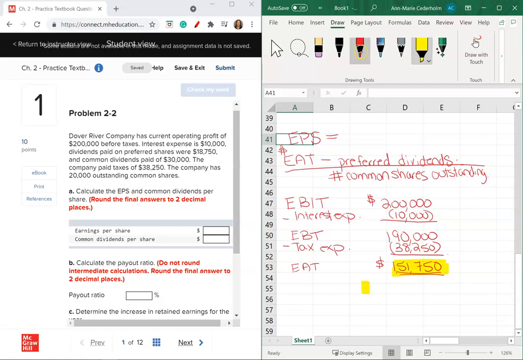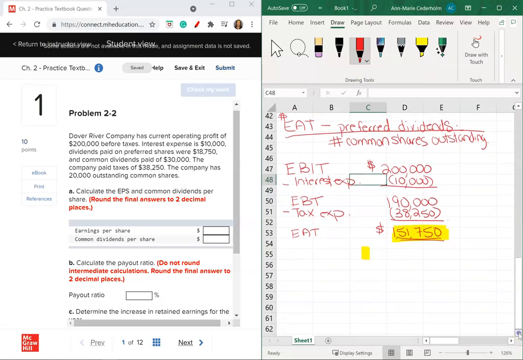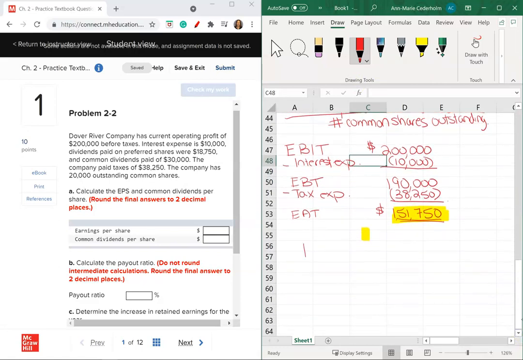That's the number I need to put into this formula now. Okay, so earnings after tax is 151,750 minus my preferred dividends. They said the preferred dividends were 18,750 in the question.